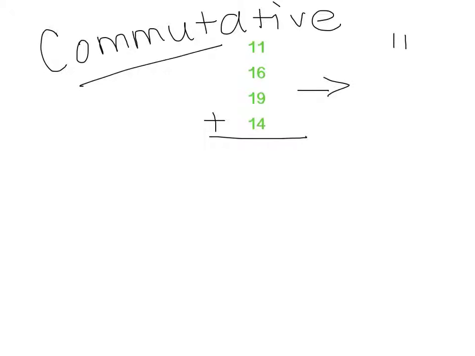11 plus 19 plus 16 plus 14. Notice how I'm keeping my numbers lined up, okay? Keeping my place values lined up. But now look what I can do. Then I can use the associative property to group them in different ways.